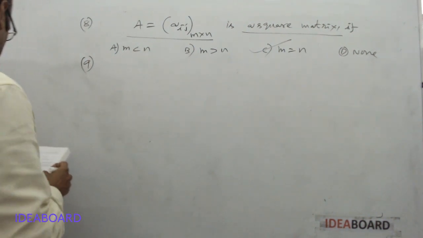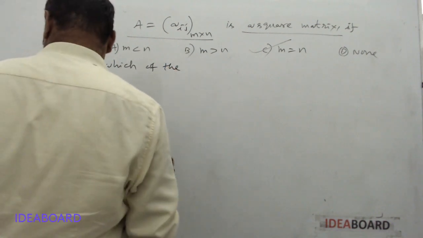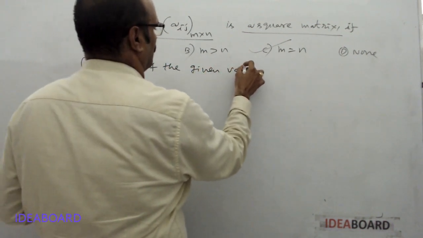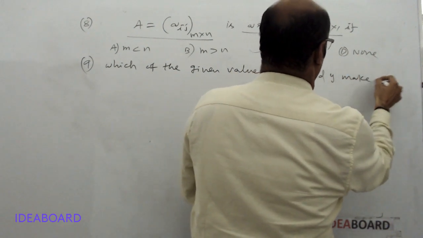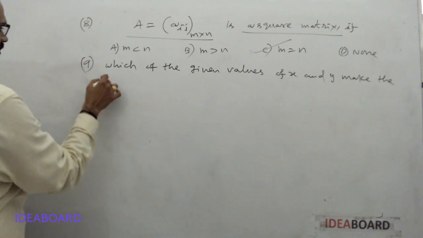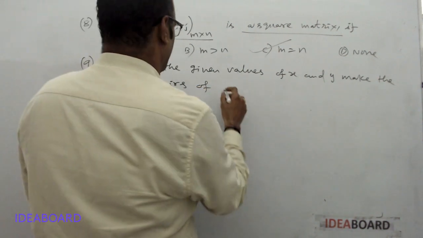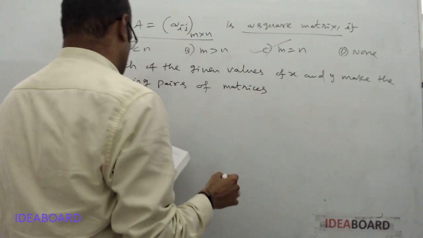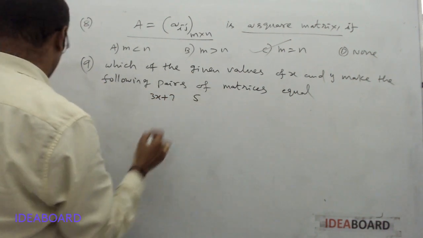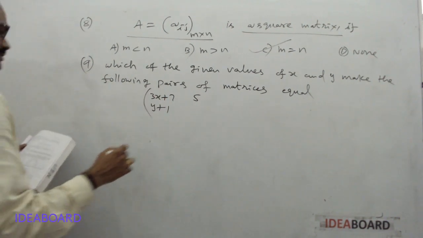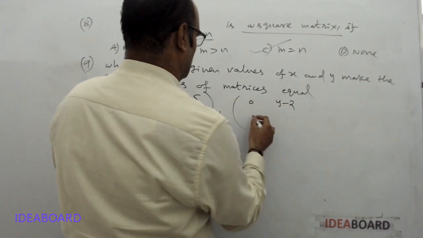Ninth problem. Which of the given values of x and y make the following pairs of matrices equal? 3x plus 7, 5, y plus 1, 2 minus 3x, and 0, y minus 2, 8, 4.